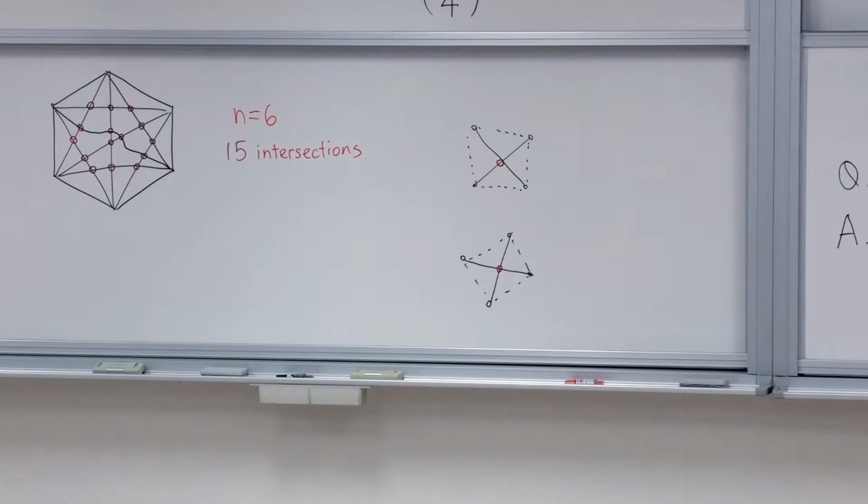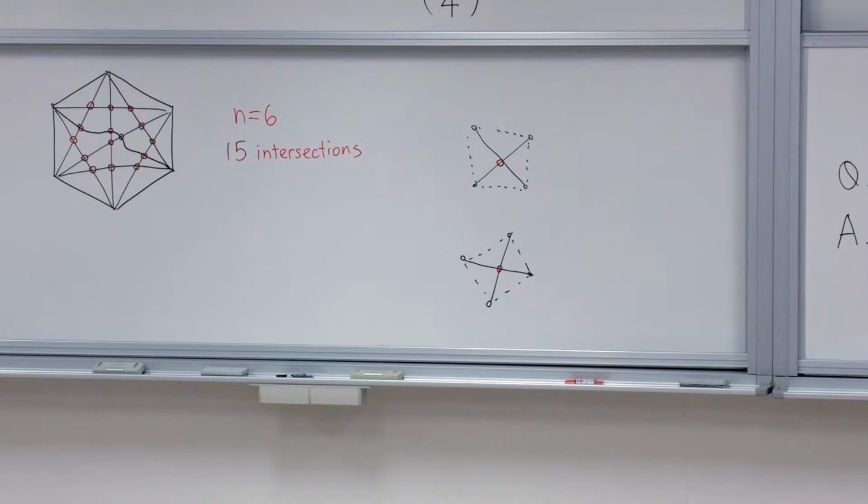So any 4 vertices define an intersection, and any intersection defines 4 vertices. So there is a one-to-one correspondence between the intersections and the 4-sided polygons. So this is n choose 4. Difficult, not easy.